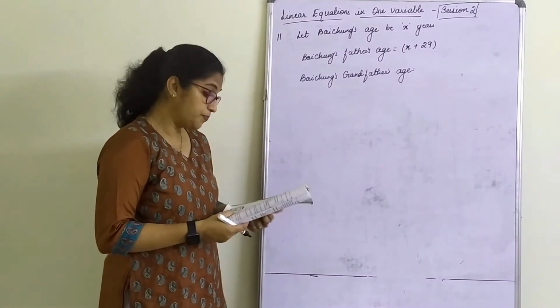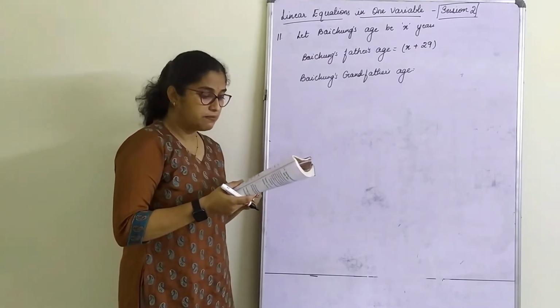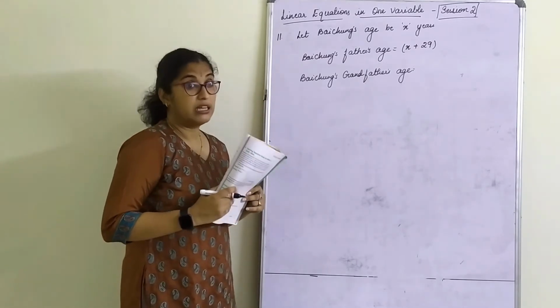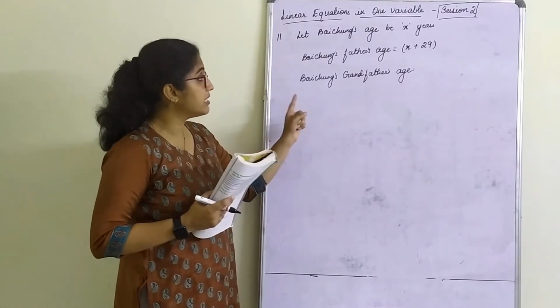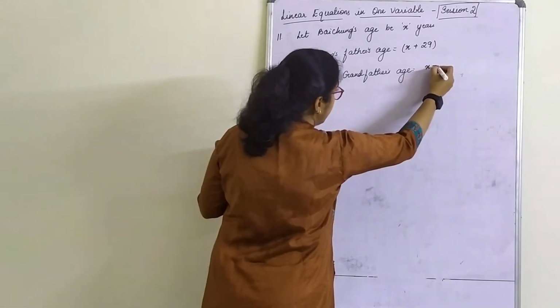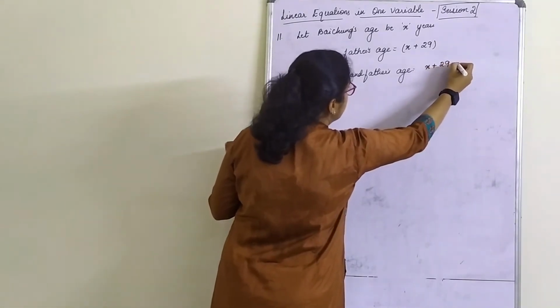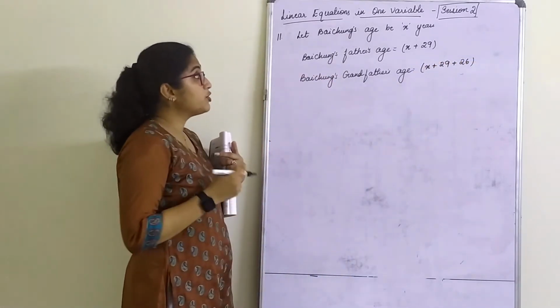Again with the question. Baichung's father is 26 years younger than Baichung's grandfather. That means Baichung's grandfather's age will be x plus 29 plus 26. Right? See, Baichung's is x.